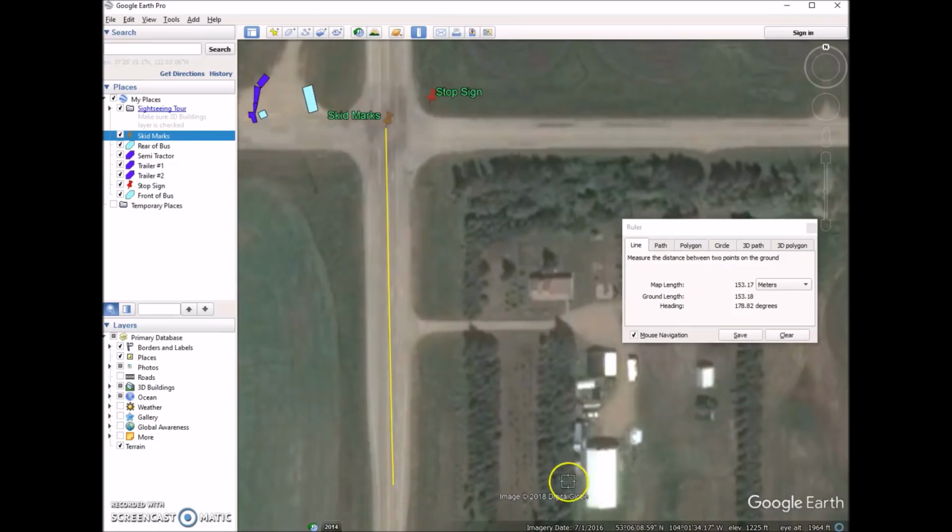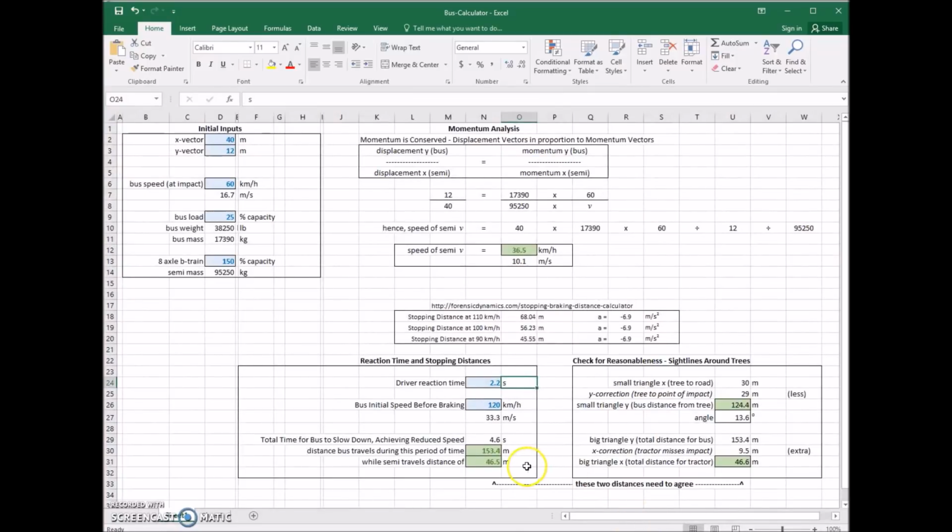So just at that shed, but the truck, 46.5. Something like that. And it should just squeak by that tree, and they should be able to see each other. That 46.5.